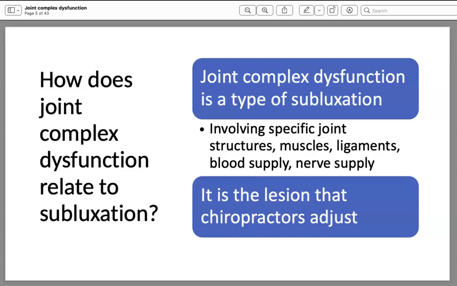When we think of a joint complex dysfunction, that's the type of subluxation that chiropractors treat. We are not talking about complete dislocation, right? So that's how we're going to define that joint complex dysfunction within that subluxation umbrella.